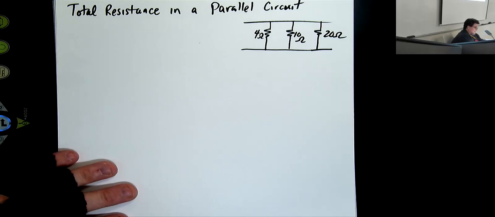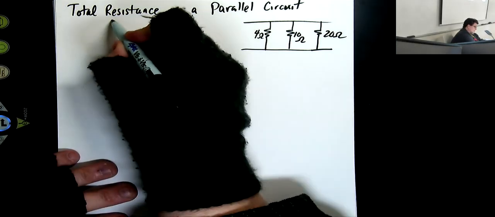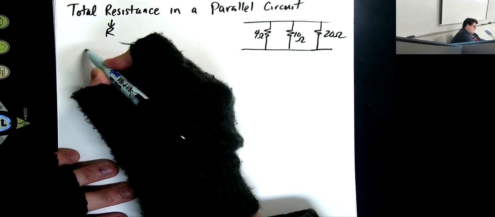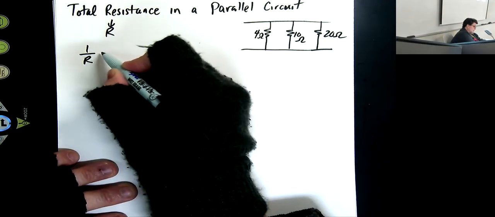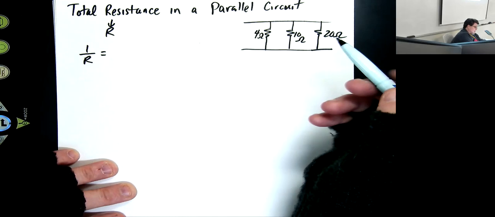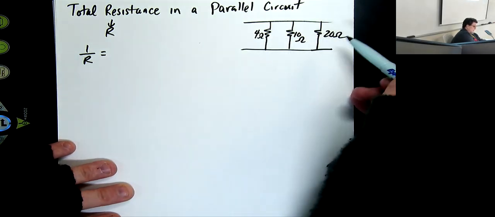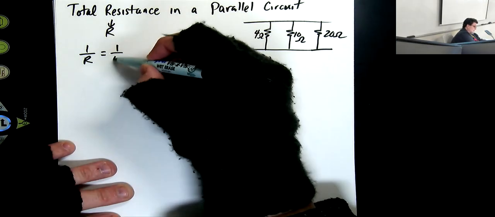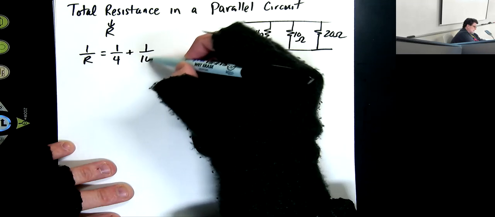The way we calculate their total resistance, the formula is 1 over R equals 1 over each of these values added together. 1 over 4 plus 1 over 10 plus 1 over 20.